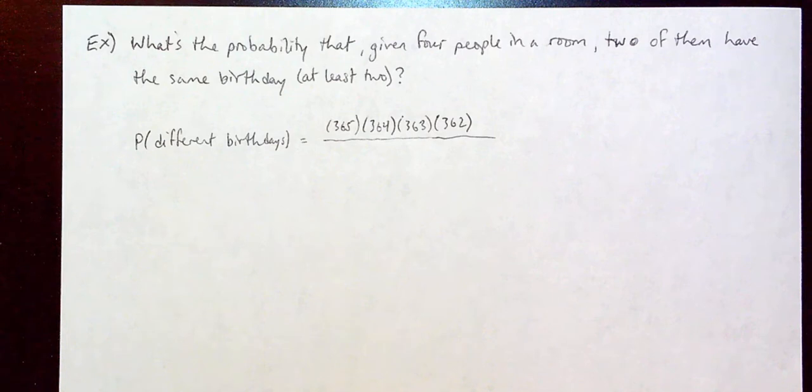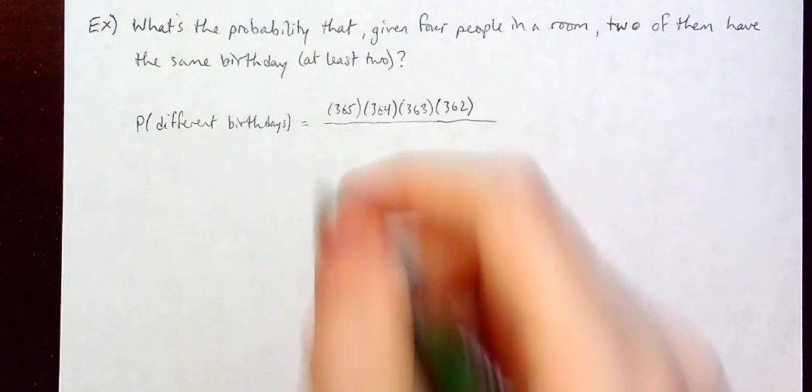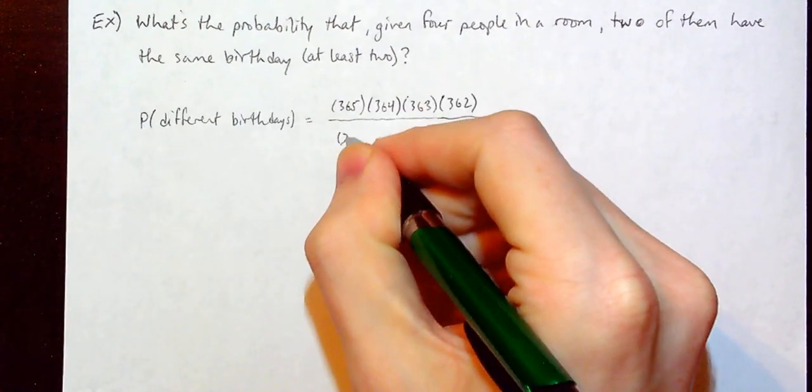What about the total number of possible outcomes in the sample space? Just overall, how many different ways could we have these birthdays for these 4 people? Well, the first person can have 365.